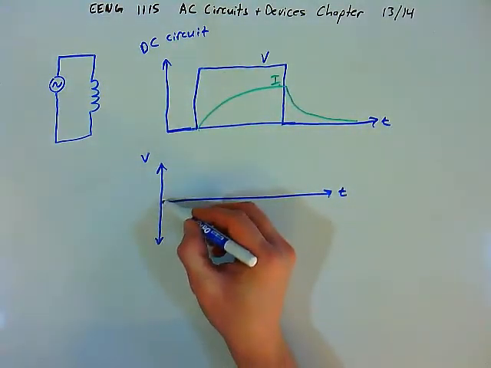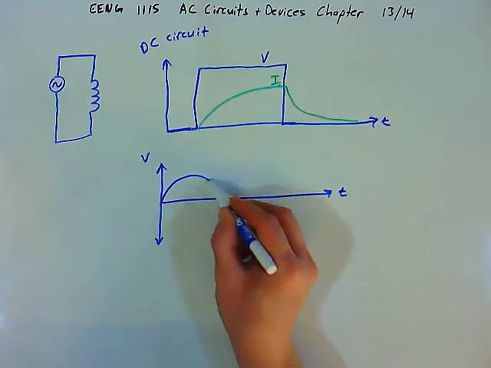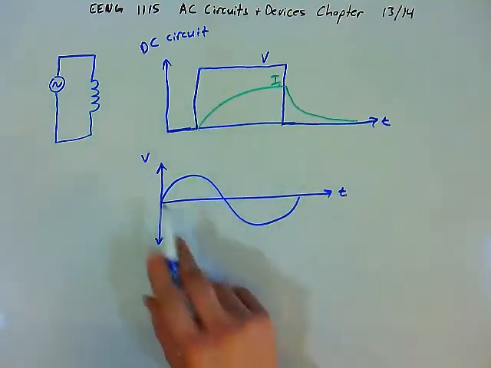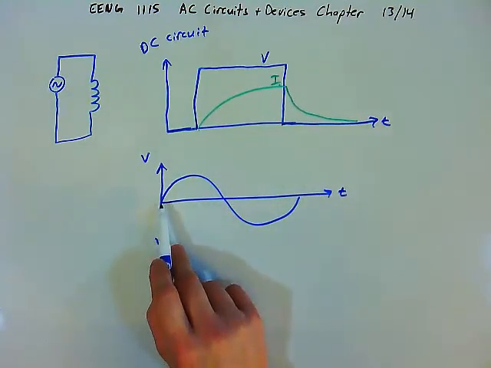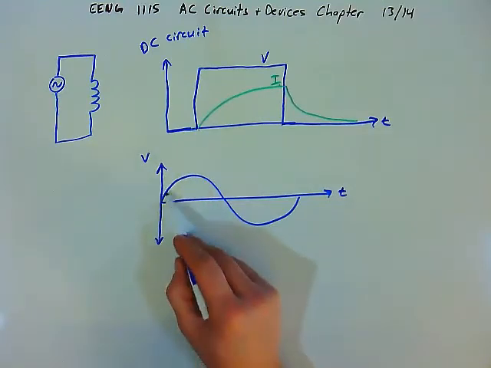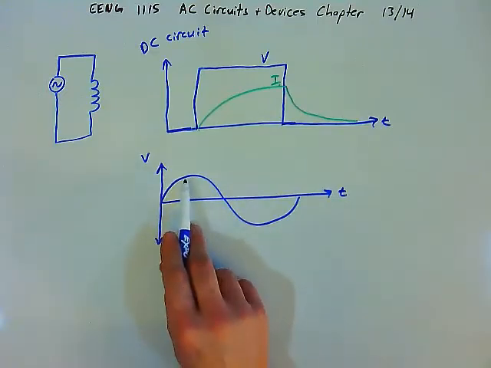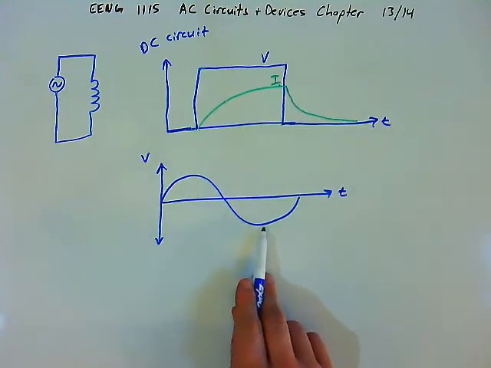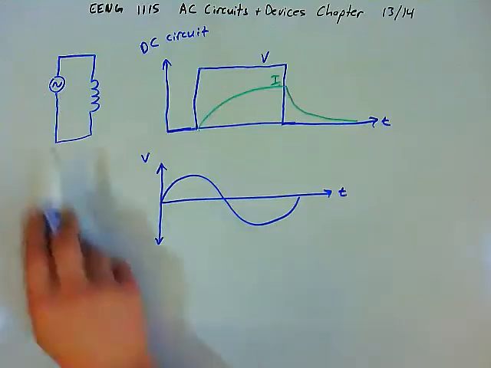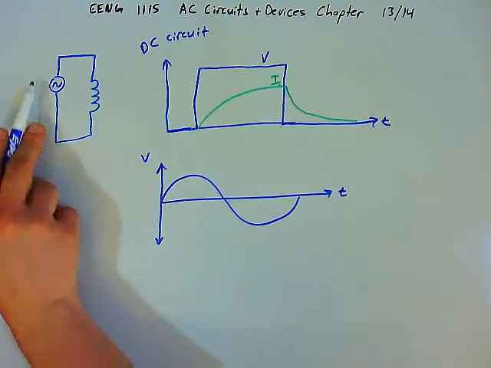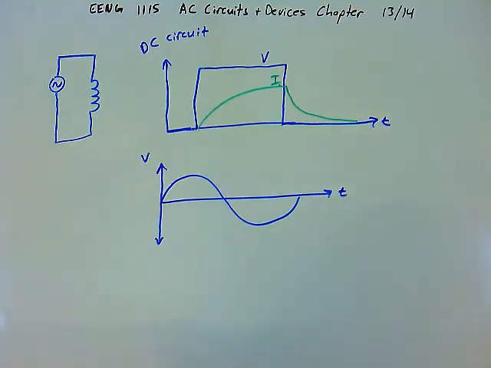In an AC circuit, however, we're going to see something that looks more like a sine wave, where the voltage never instantly changes from 0 up to maximum. It's changing slowly, and this is because of the rotating coil in the magnetic field. And sometimes the voltage is negative, so that the polarity has changed. Sometimes it's positive and minus, and sometimes it's minus and positive polarity.